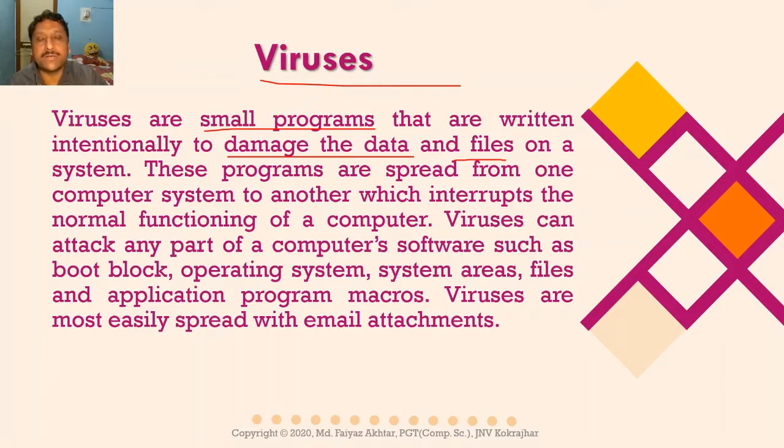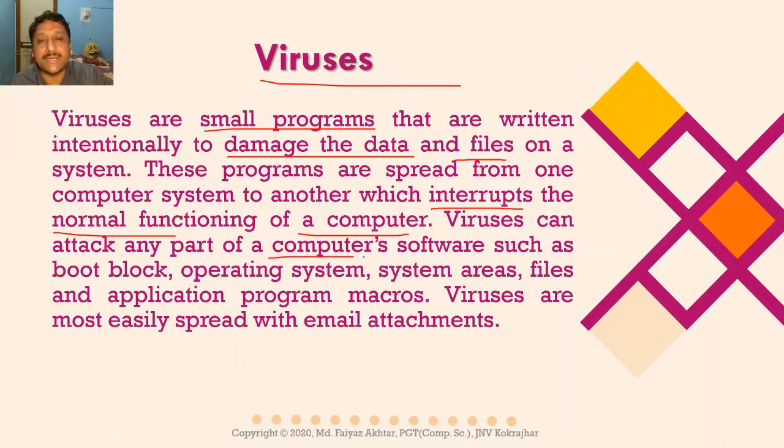In a network, hundreds, thousands of systems are connected with one another. If a virus is there, then these viruses are replicated and copied to all the systems, and it interrupts the normal functioning of a computer. Viruses can attack any part of computer software.